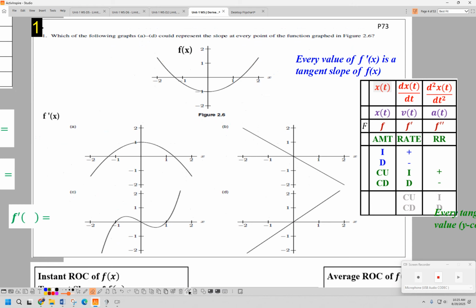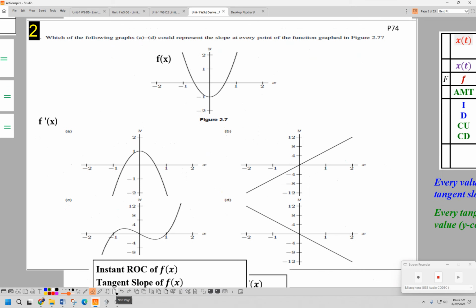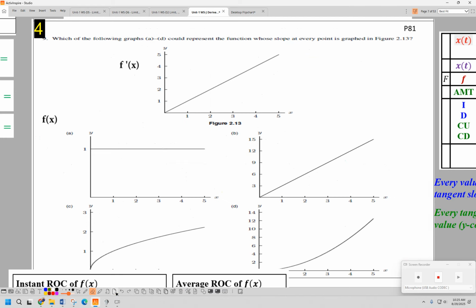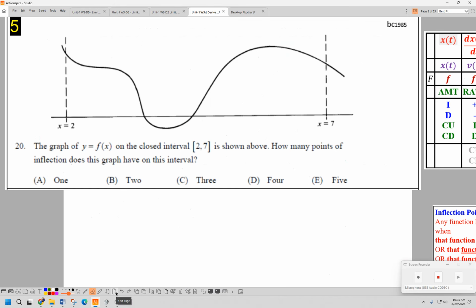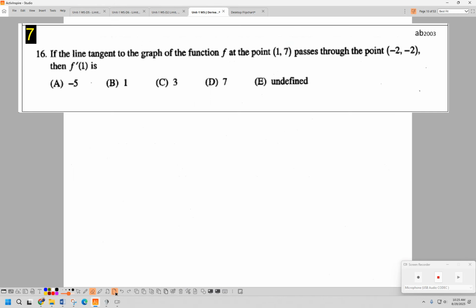Let's go to a slightly different example that will help. So in your blue packet, turn to number. It's going to be a ways in. I got to find it.